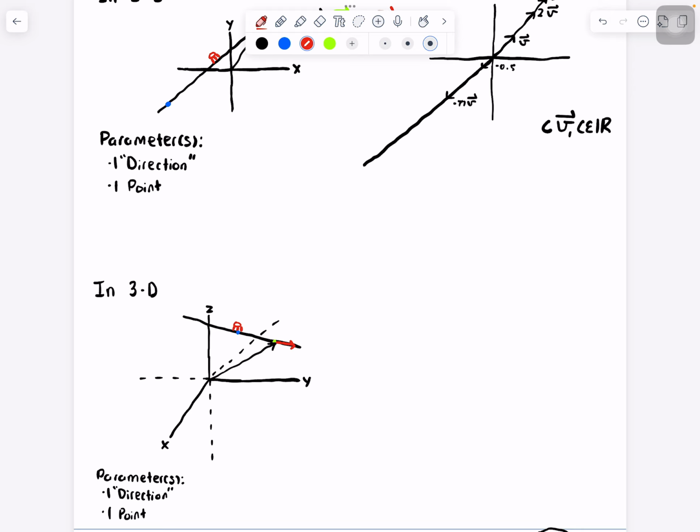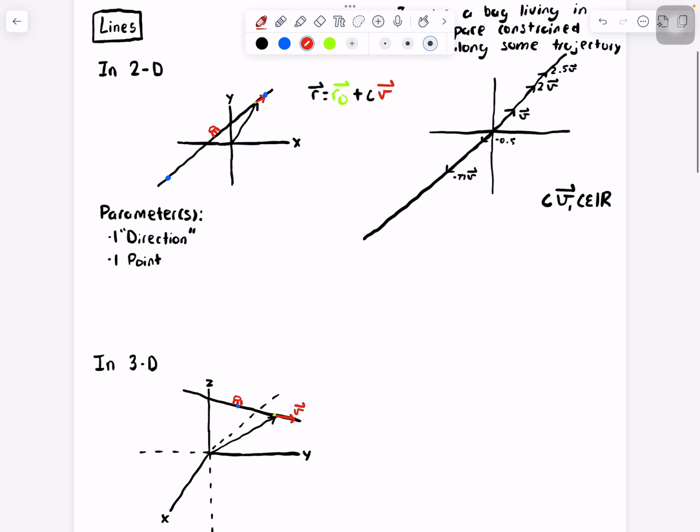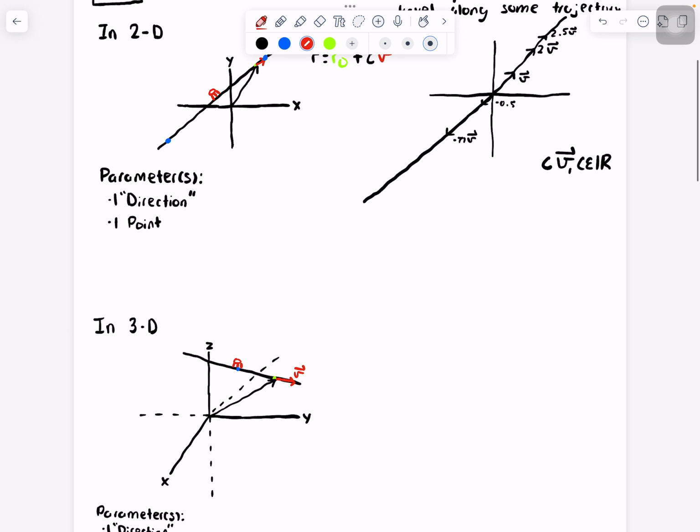Well, now, this is V. I'm going to need like 2.25, negative 2.25 of the scaled versions of V to get to that blue point.